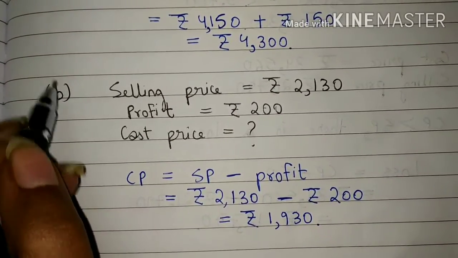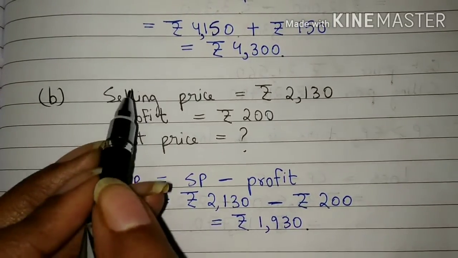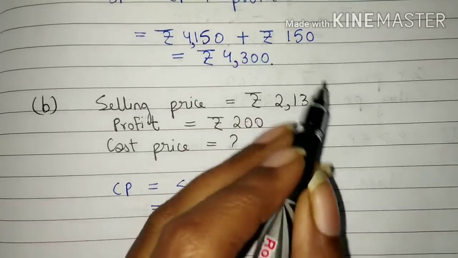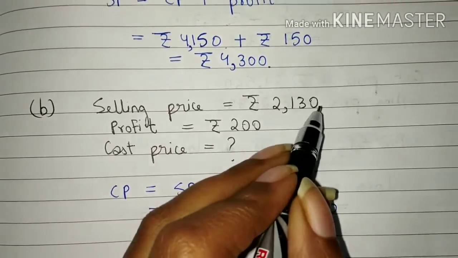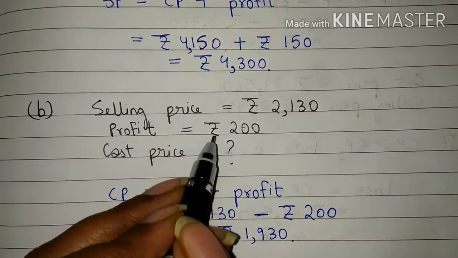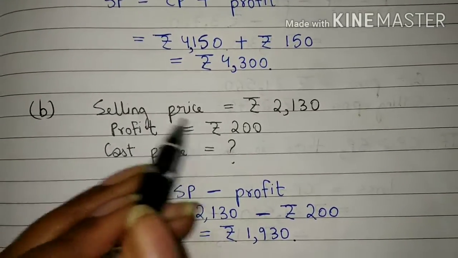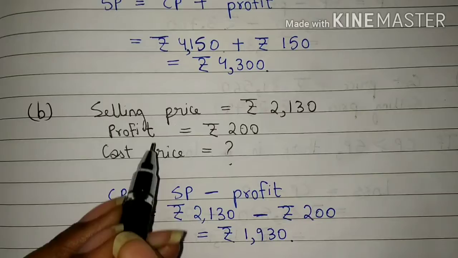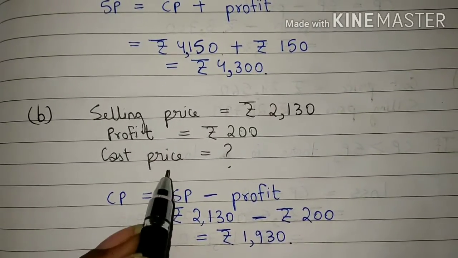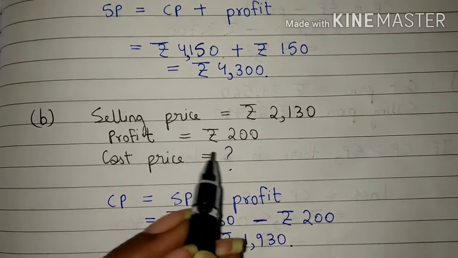Students, now come to B part. Selling price is given, that is rupees 2130. Profit is given, that is rupees 200. And students, there are two blanks, one for cost price and the other for loss.